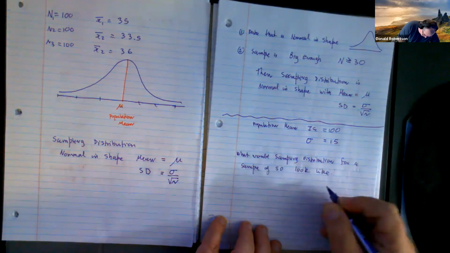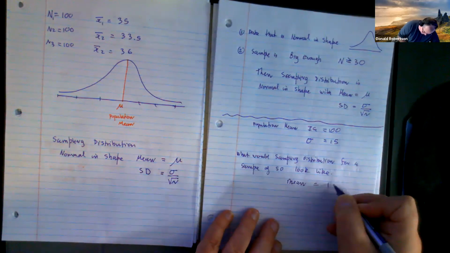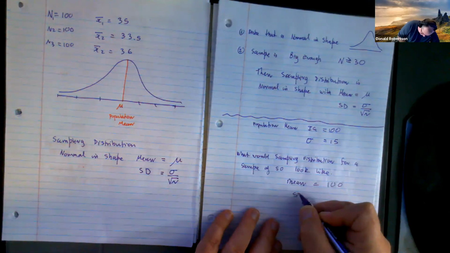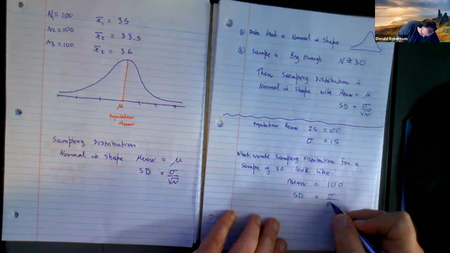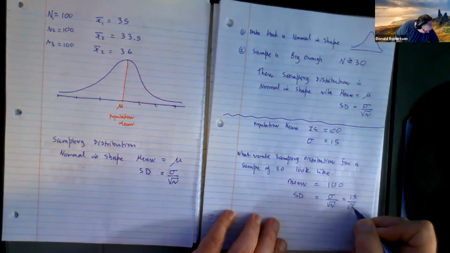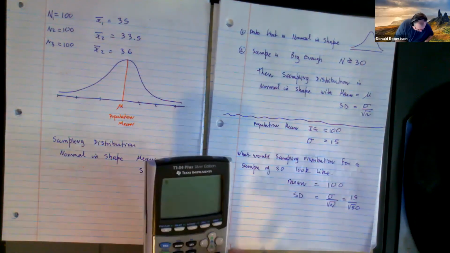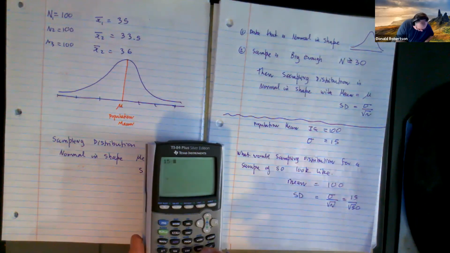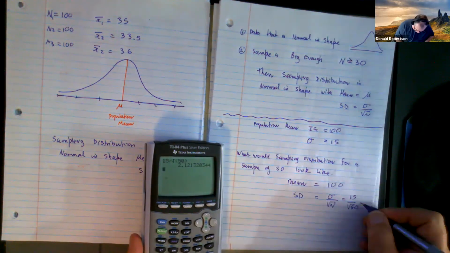Well, wouldn't it have a mean of 100? And wouldn't it have a standard deviation of sigma over root n? 15 over the square root of 50. And we do 15 divided by the square root of 50. And that's about 2.12.